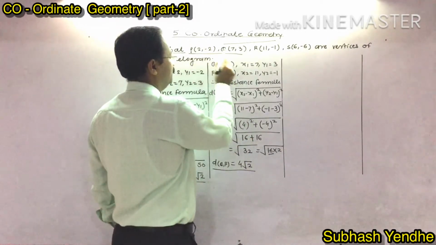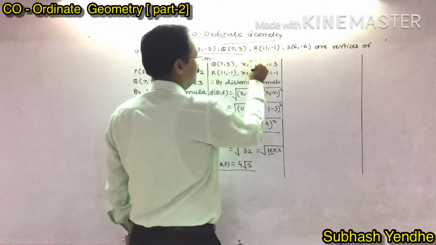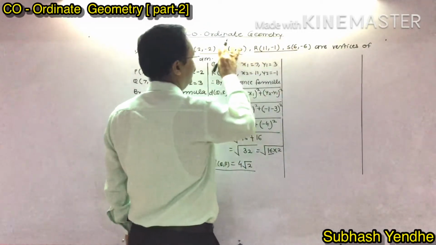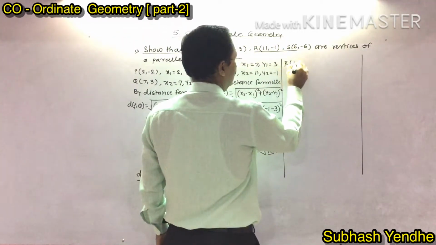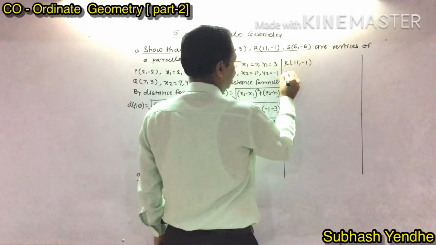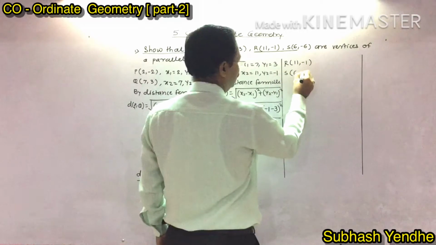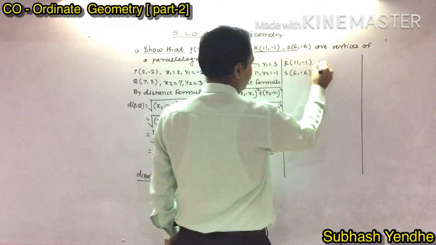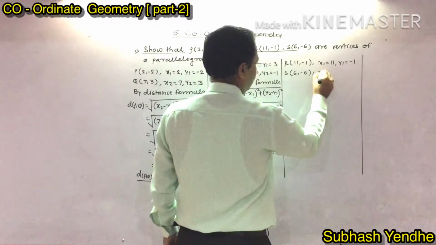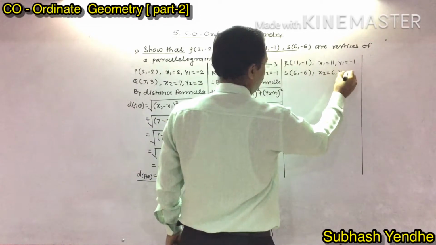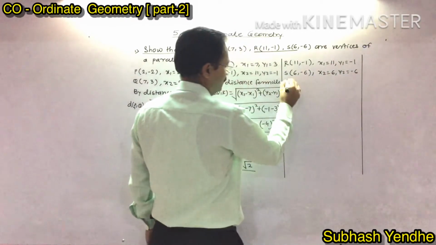Now the first one is PQ, the second is QR, then the third one is RS. R's coordinates are 11 and minus 1. S's coordinates are 6 and minus 6. So x1 equals 11, y1 equals minus 1, x2 equals 6, y2 equals minus 6.